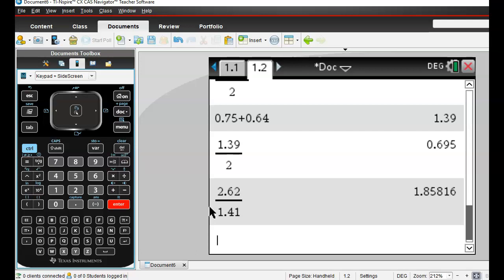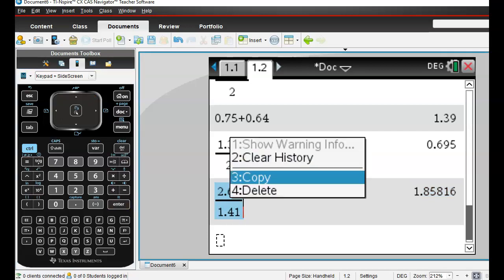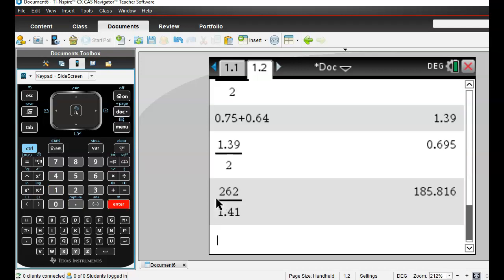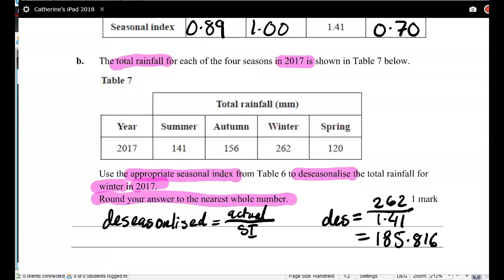Sorry, what did I do wrong there? I put in a decimal point, didn't I? Okay, let's get rid of that. Delete. 262 divided by 1.41. That's better. 185.816. And so to the nearest whole number, that's 186.